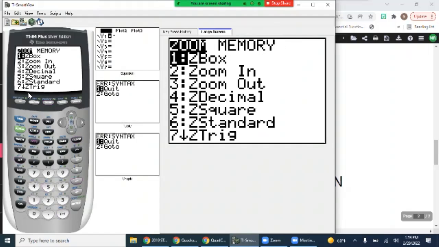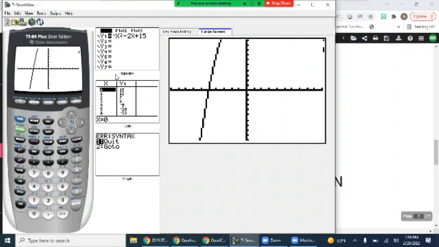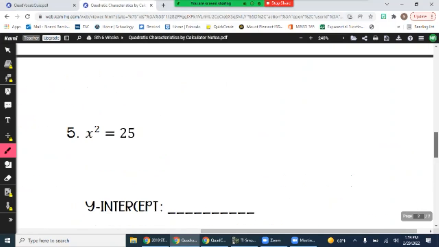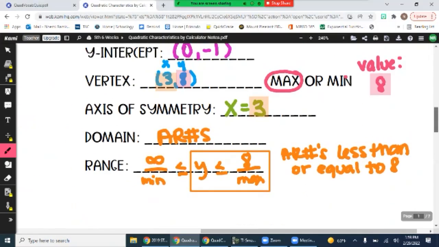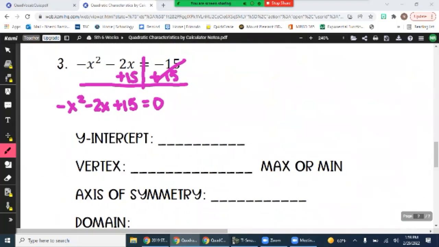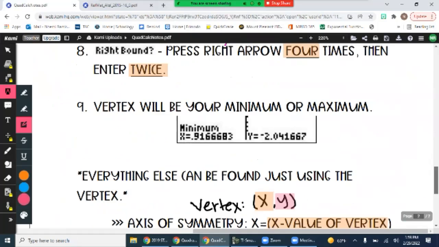All right. After I type that in, zoom 6. Can you see the vertex this time? No, you shouldn't be able to see the vertex. Now, in the very front page of your steps, it tells us what to do if we cannot see it. It does say press Zoom 3.